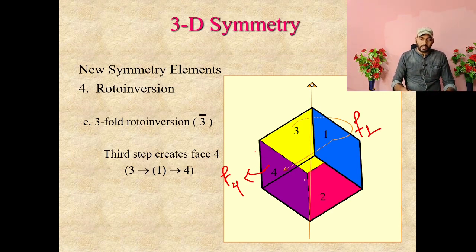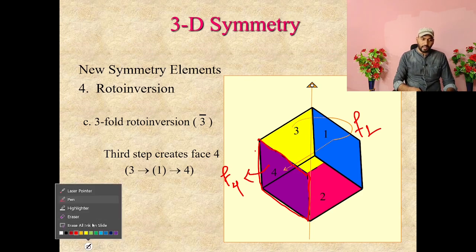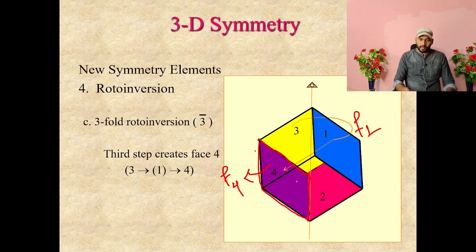If we rotate phase number 4, which is at the bottom side, in the lower hemisphere, if we consider it as a sphere, by 120 degrees, it will come here to the position of phase number 2.